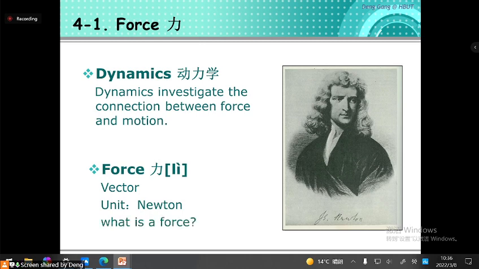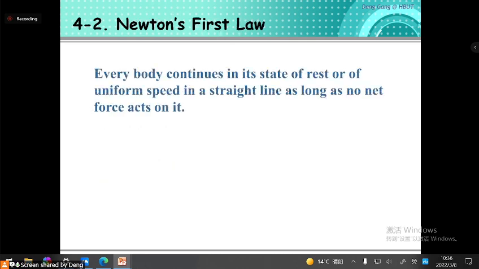But as we mentioned, what is a force? We know we push some object, that is a force, but we need a scientific definition. So in order to define force, we actually need Newton's laws.